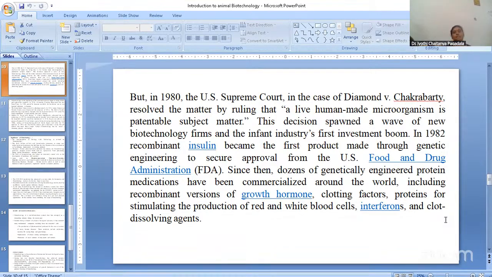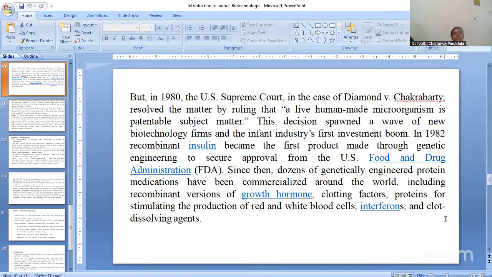This decision spawned a wave of new biotechnology firms, and in that infant industry's first investment, in 1982 recombinant insulin became the first product made through genetic engineering to secure approval from the US Food and Drug Administration, FDA.